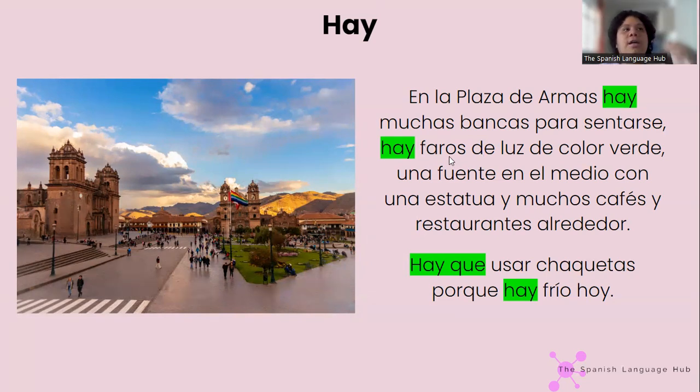Here we're just giving a list of the things that this place has. And with hay que, the meaning changes to it's necessary to, and a suggestion, which is usar chaquetas, wear jackets, because it's cold. Now here, when I talk about the weather, the meaning also changes. Hay frío, hay now changes to it's cold. Hay frío, it's cold.